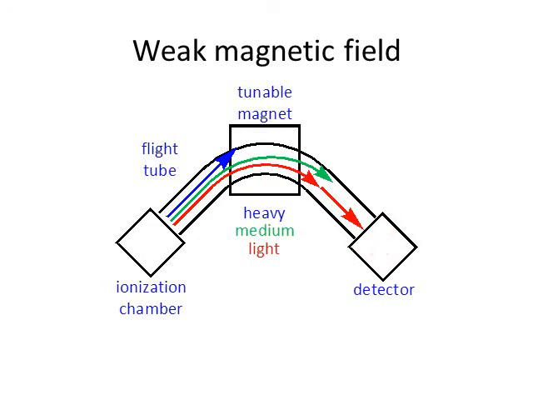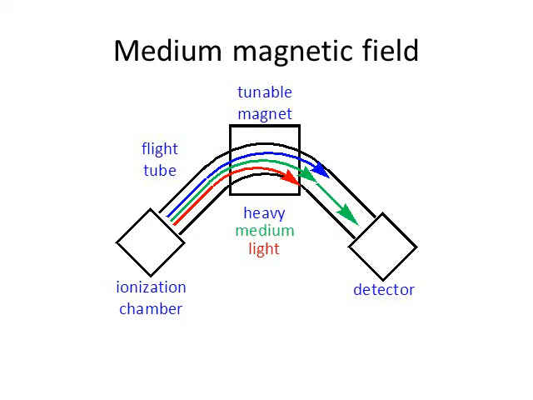Okay. But this field is tunable. This magnetic field can be increased. And so we can get to a medium magnetic field. Now, if we increase the magnetic field, the amount of force acting upon charged particles is increased. The very light particle will turn even more, something less than 90 degrees, and so it'll end up turning too much and crashing into this inside wall.